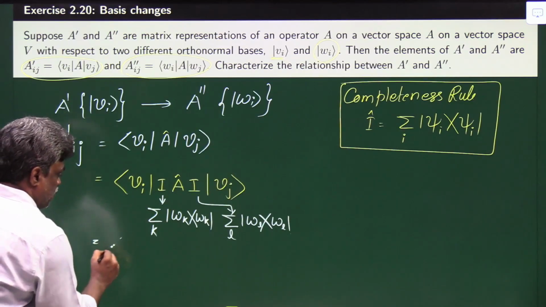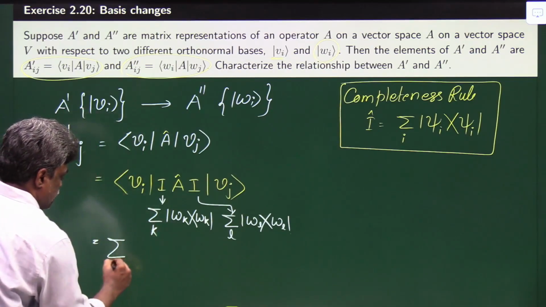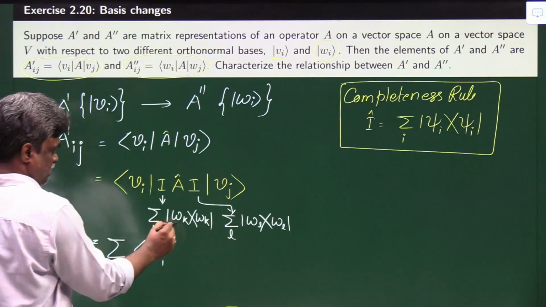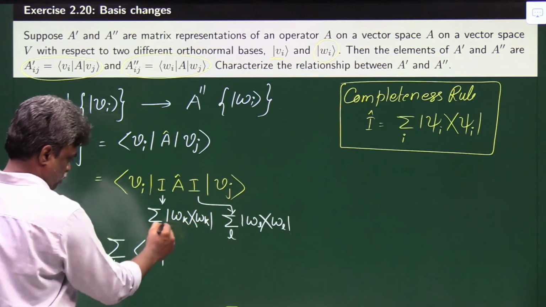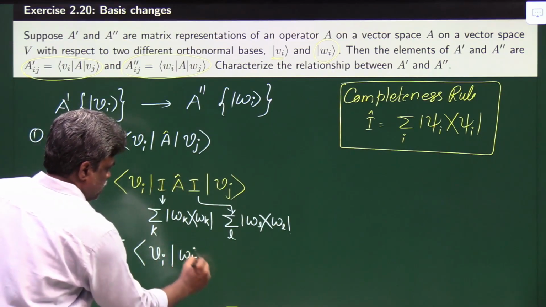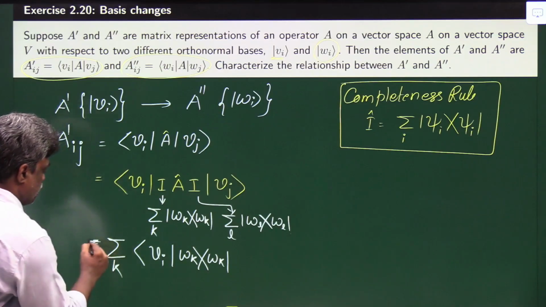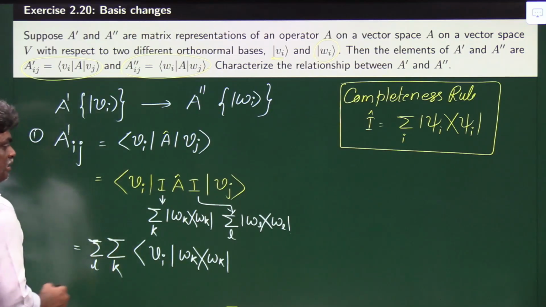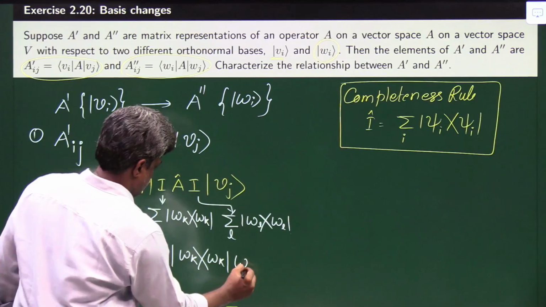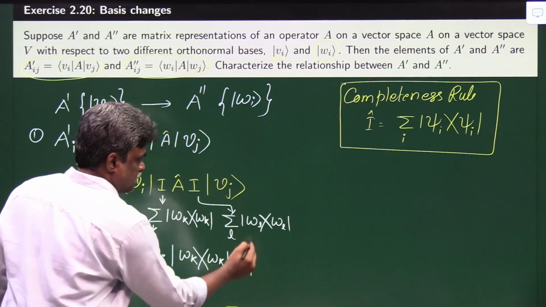So I'm writing this as summation over k, and here it is Vi, and here we got the inner product, which I have to write here, Wk, and again this is summation over L, I'm writing here. So again we have A here, and after that this one.